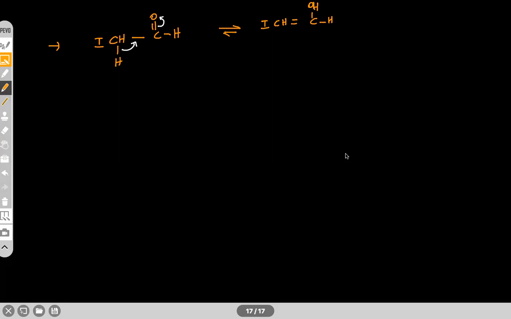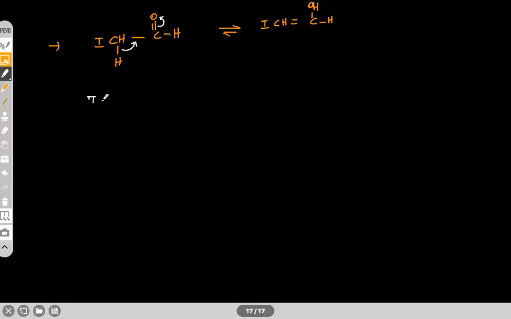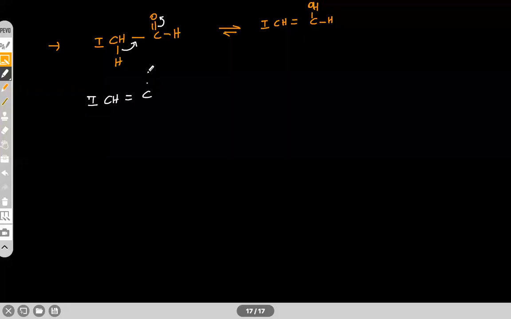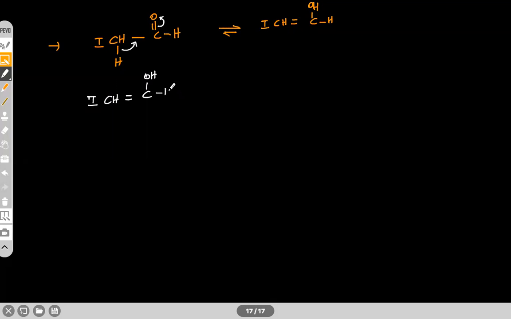Let me just do this. So you can ask me, sir, why not this? We have two hydrogens here. This further, write down the tautomer of it. And then this again reacts with the iodine, like this one, you see. CH double bond COH H and plus another iodine molecule. Same mechanism, you see. This comes over here.